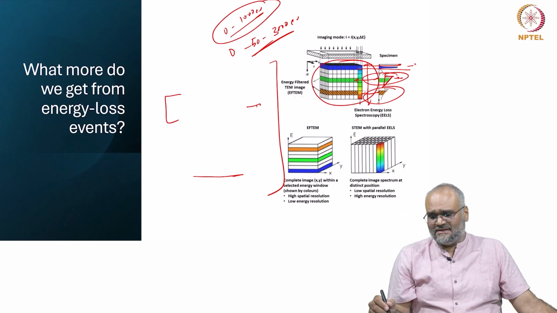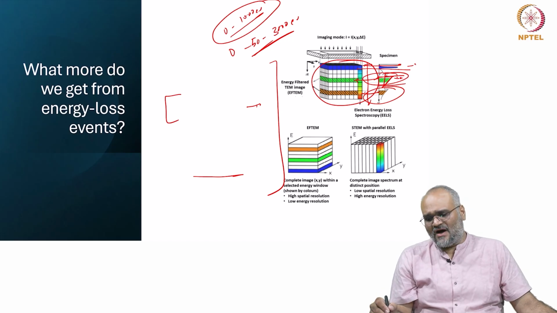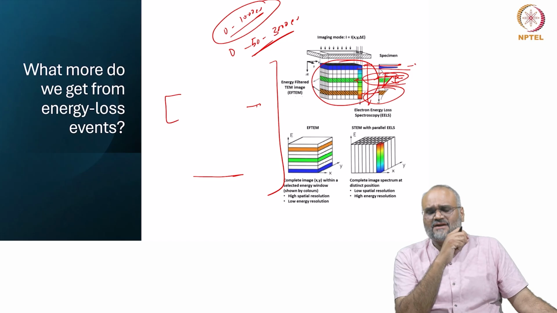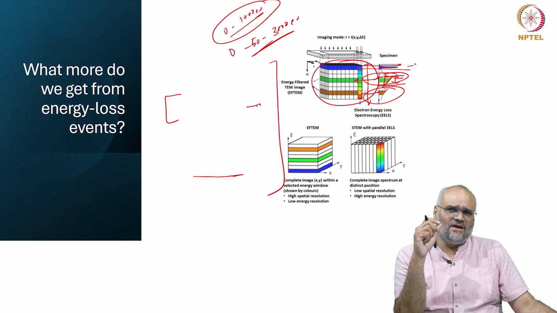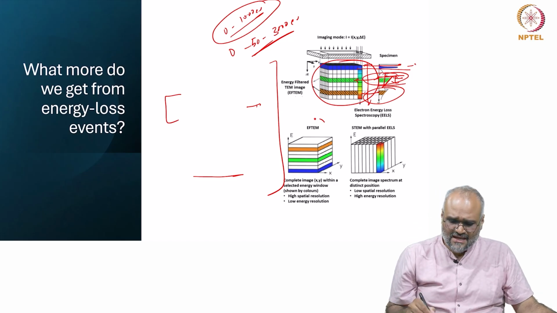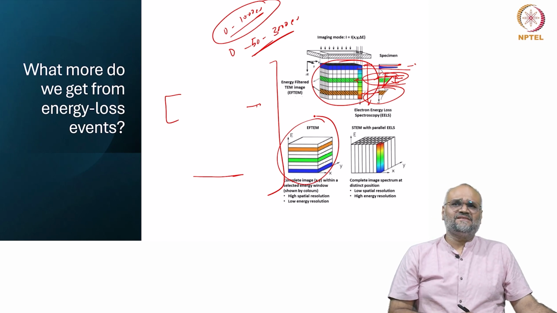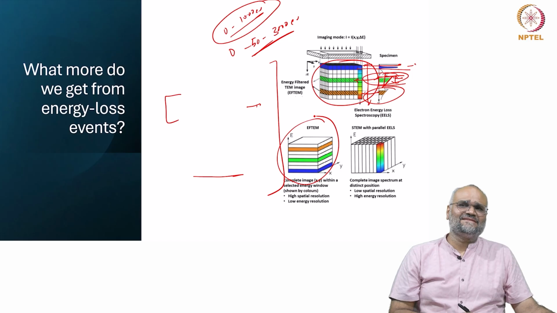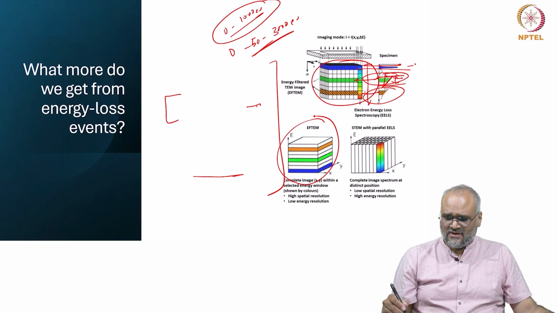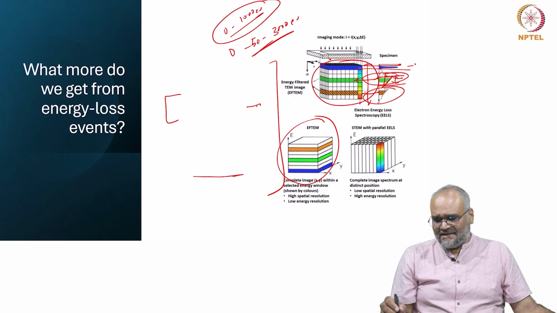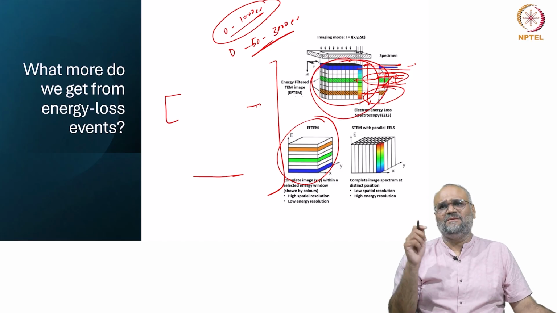So, you can have a window around this and form an image with these specific electrons which have undergone an energy loss, and that is called energy filtered TEM imaging. And like you are collecting a spectral image when you are doing STEM with EDS, from each pixel when I am rastering, I collect a three-dimensional spectrum from every pixel.